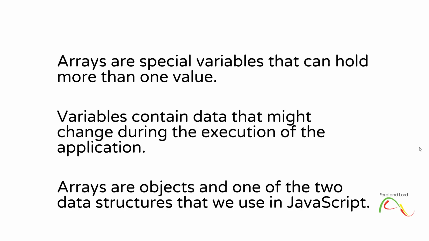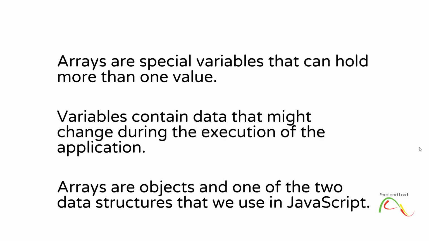The value a variable holds can vary or change at any point in time during the execution of the application. The important thing to remember here is that a variable can hold only one value at a point in time, but that is not the case with arrays, and that is why arrays are so important.